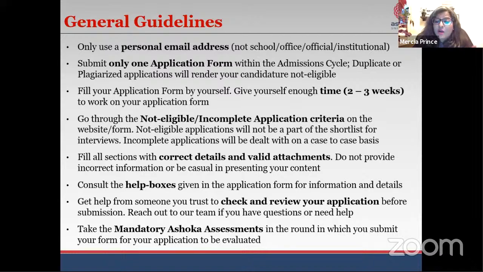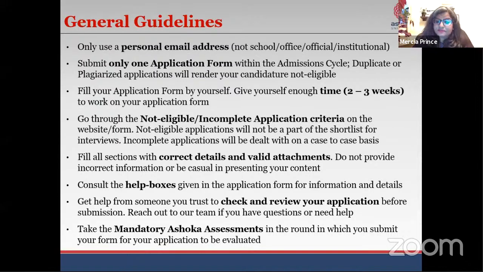On the website, you'll see that there is a section on what is not eligible and a section on incomplete application criteria. I request that you go through that. If you're not eligible, then you will not be considered as part of the shortlist for the interviews. If your application is incomplete and there's something that we need more from you, then we will reach out to you.